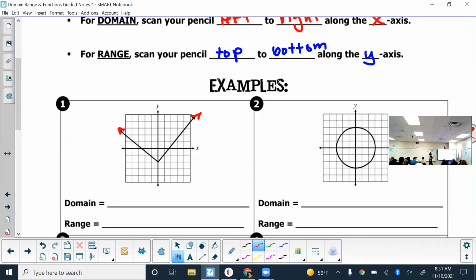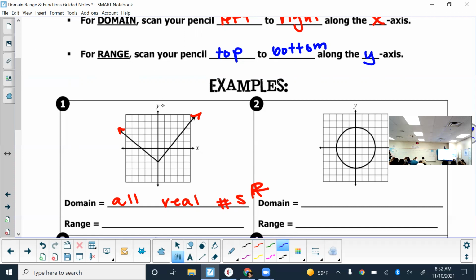Notice that it gets wider as we go to the left and right, so eventually it will touch all of the x values. And if that happens, then the domain is all real numbers. You can also see it written as an R with an extra line in it. All real numbers.